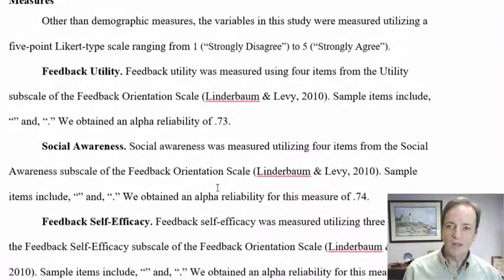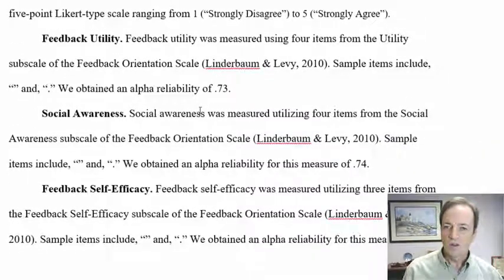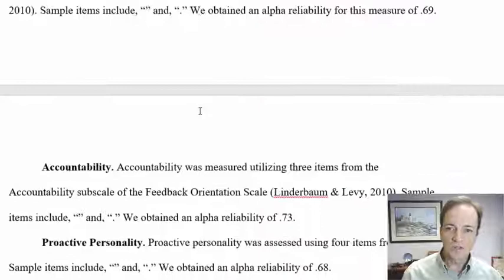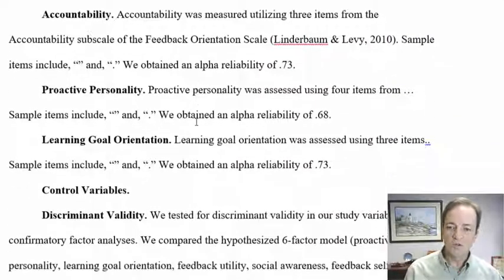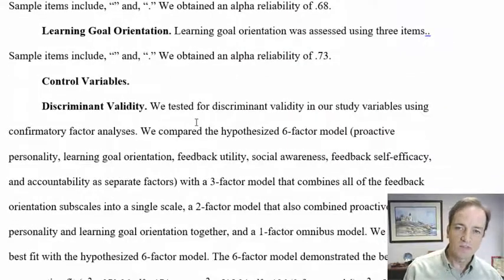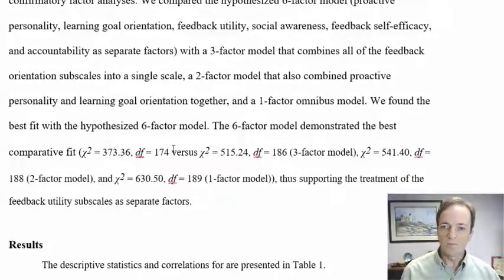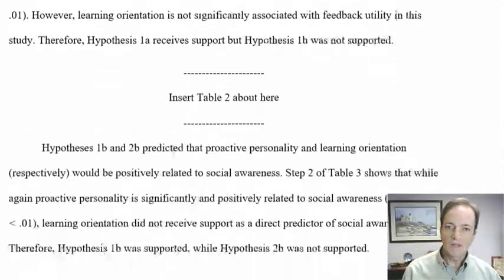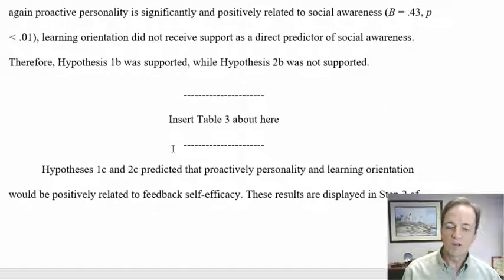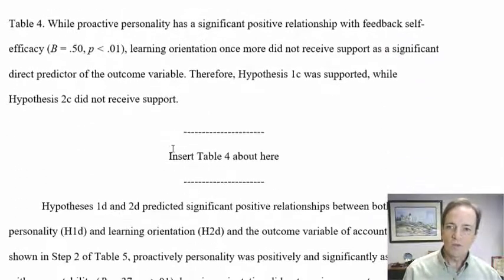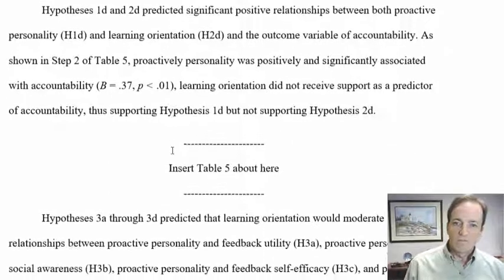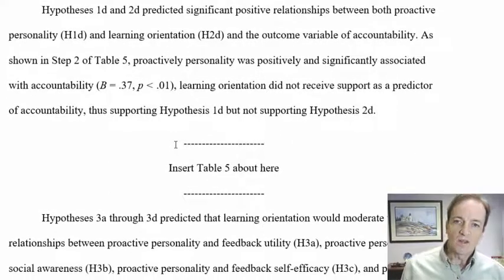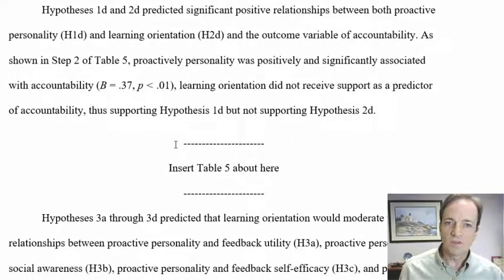And then some information about how we did the measures, what kind of measures we used, how we did the study, and then the results. And since we collected the data, we were able to figure out what kind of results we had.